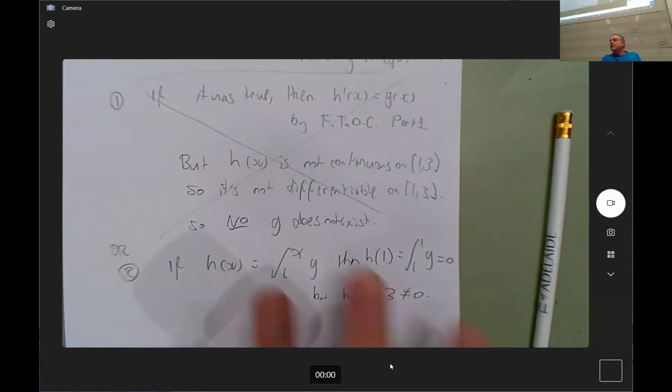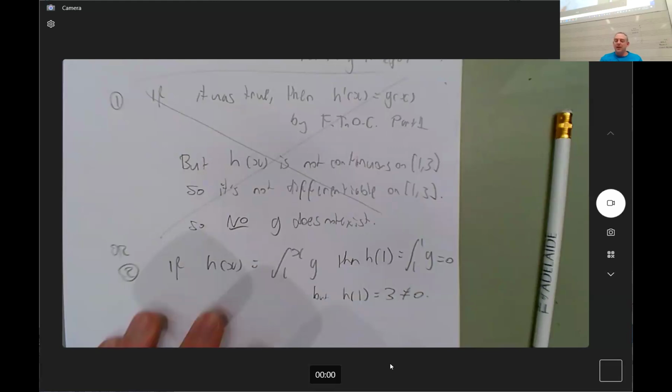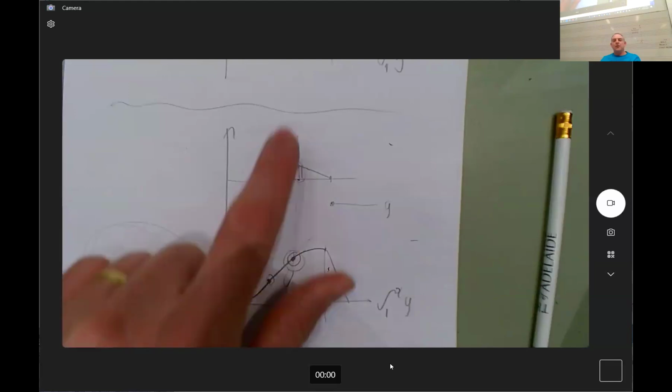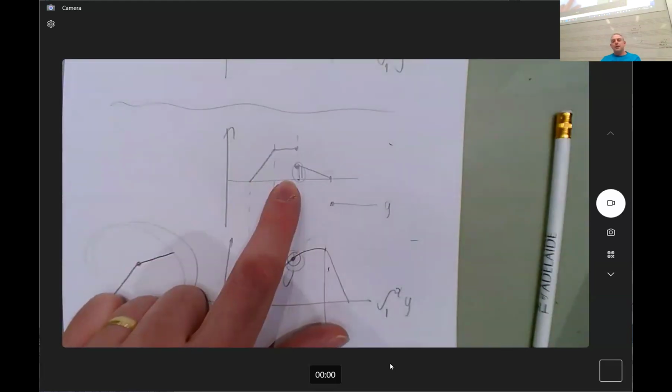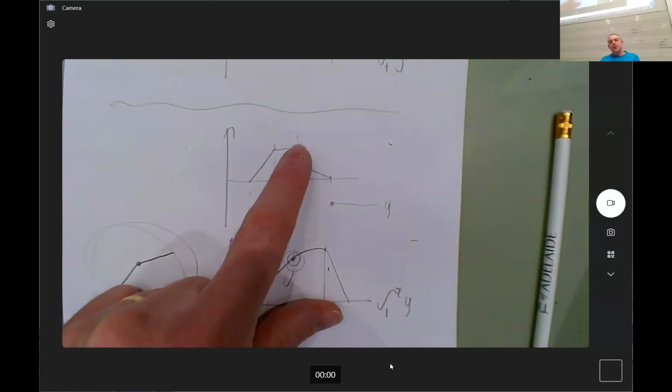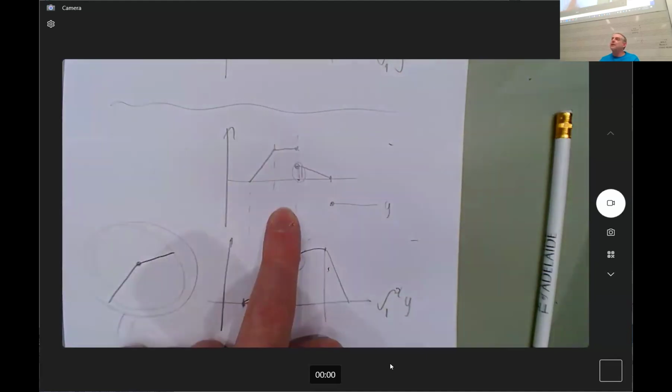I mean, it's still true, but I think that technically you can't use the fundamental theorem of calculus for a function that's not continuous because of exactly what I was saying here. When you differentiate this, you end up with open circles at both of these places and no answer at all on that line.